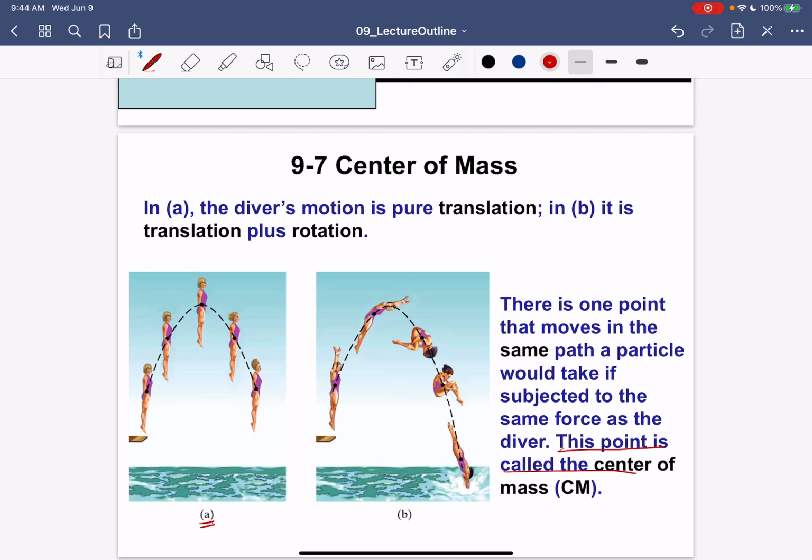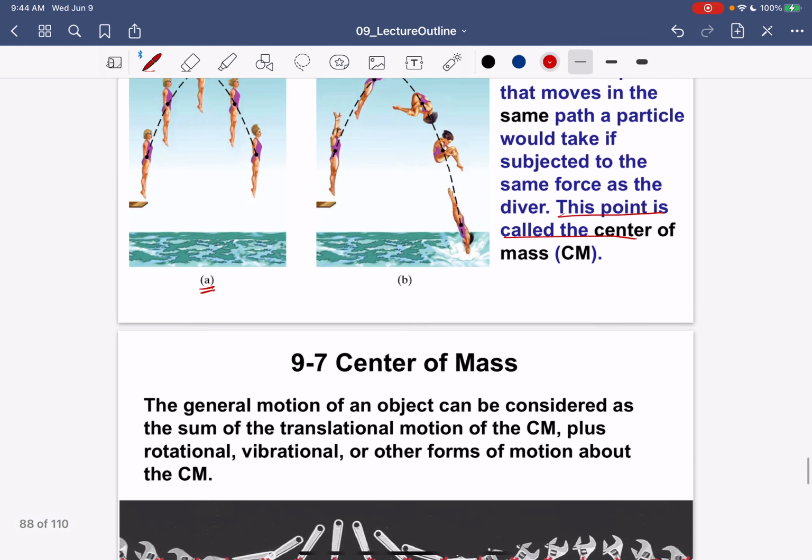Here I am adding translation, which is motion from one position to another with rotation, and all the parts of the object are going to change their position during that process, except the center of mass. There is one point that moves in the same path as a particle, which is the center of mass. And this is like a parabola, as if it is a projectile motion.